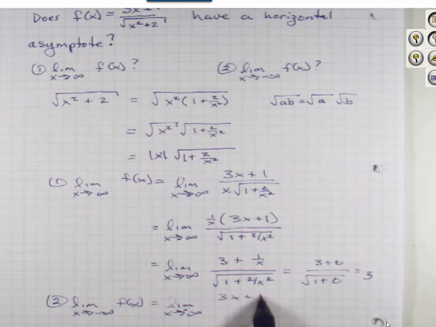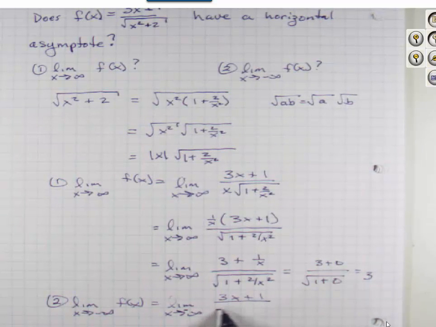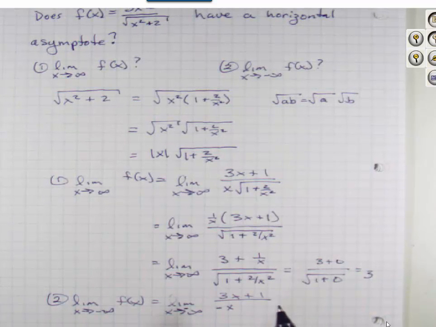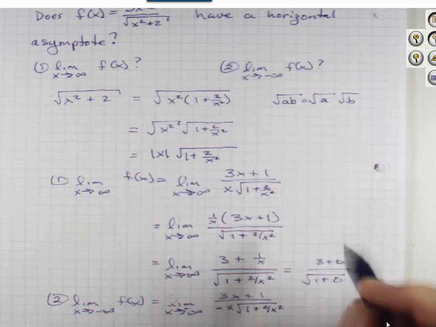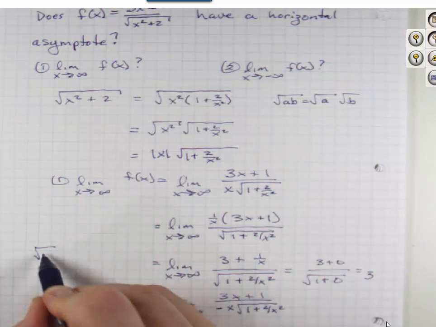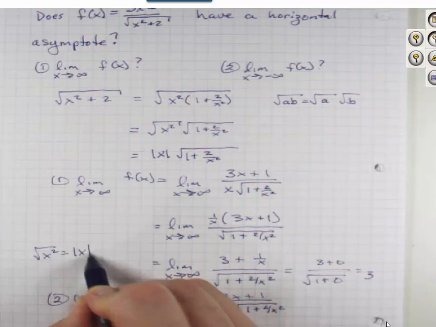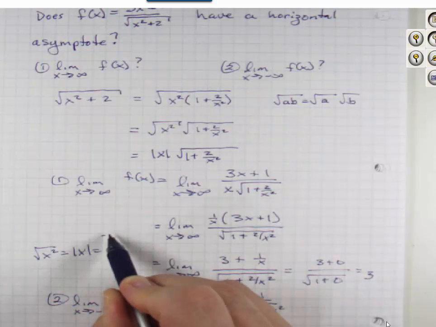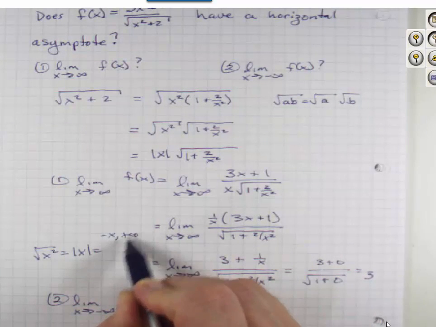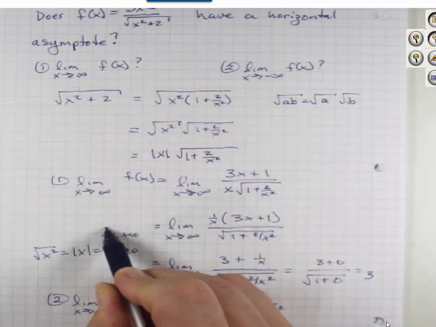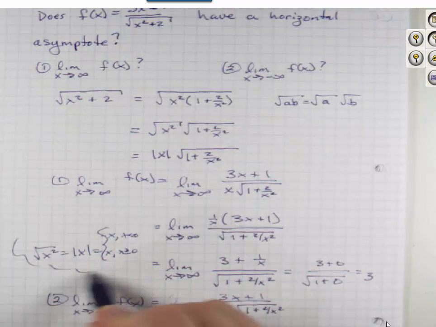We have a 3x plus 1, but in our denominator, to get rid of the absolute value, I introduced the opposite of x. Now I'll go over that again in a second. That's because, recall, the square root of x squared is the absolute value of x, which is minus x if x is negative, and positive x if x is 0 or larger. And that's what we have to use here.